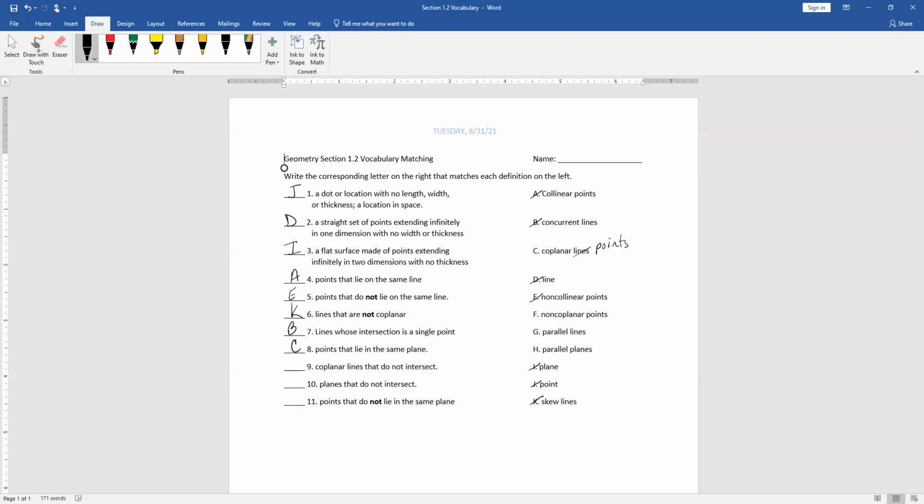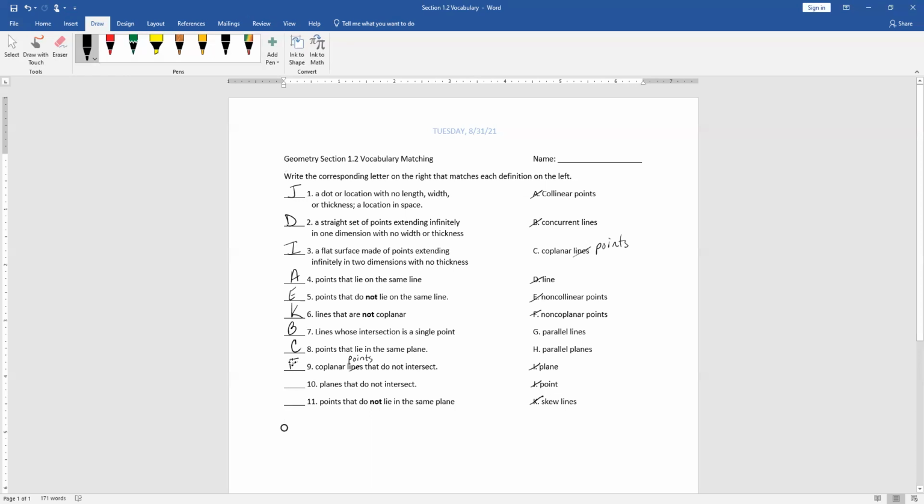All right, coplanar lines that do not intersect are... Did I do the same thing? I did. Those are non-coplanar points. Wait, coplanar lines that do not intersect.